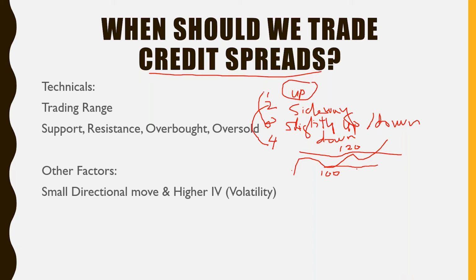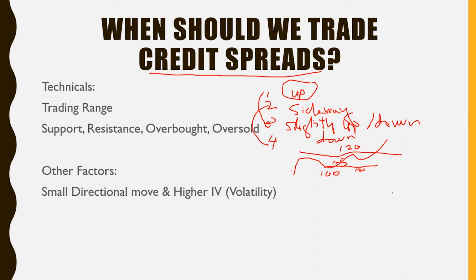Let's say we sell at $100, and the current stock is at 105. All we need on the credit spread to make money is that it either goes up a little bit, or goes sideways, or even goes down a little bit, as long as it's above our sale price.